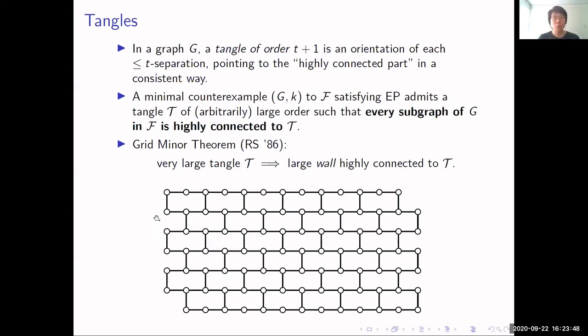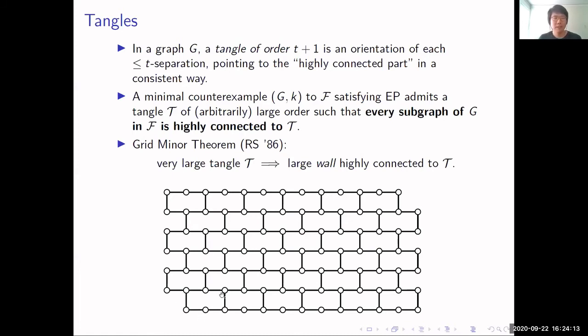But a big wall is subcubic. So if you have a big wall as a minor, then you actually contain a subdivision of the wall in your original graph. So to make it behave nicely with the graph minor relation, we choose the subcubic version of a grid. But what's important is that it's just some kind of large grid.